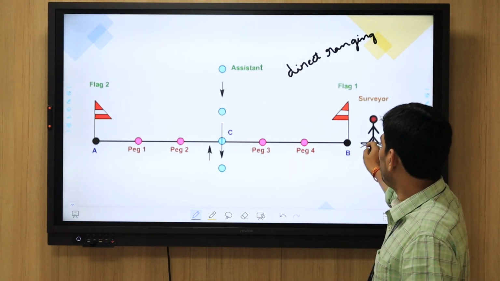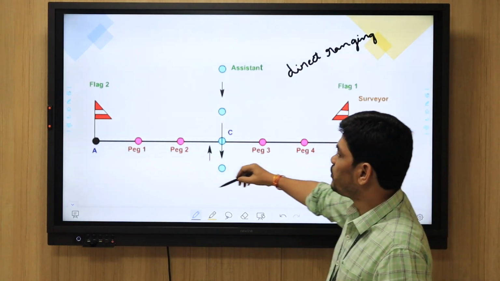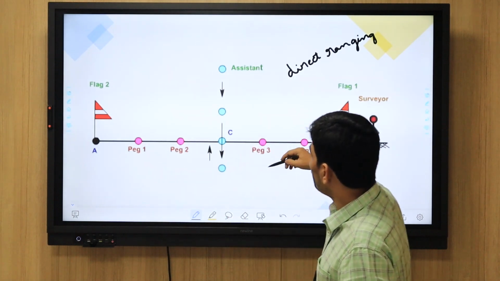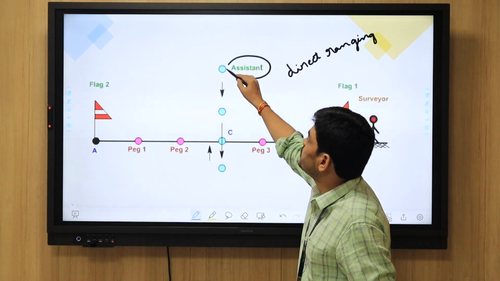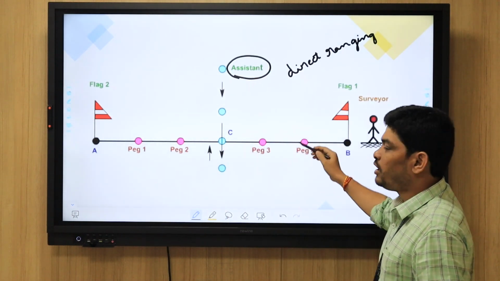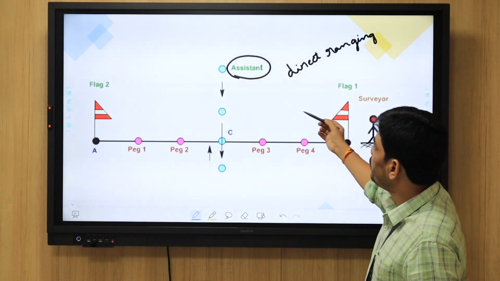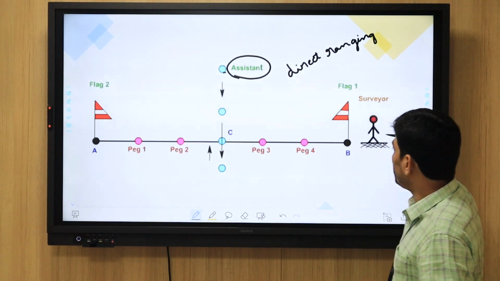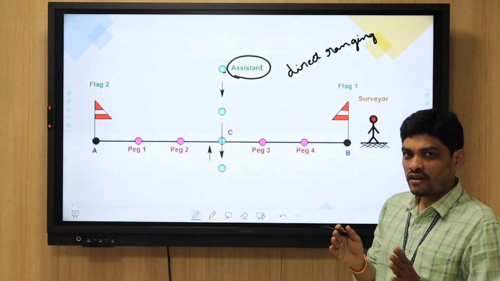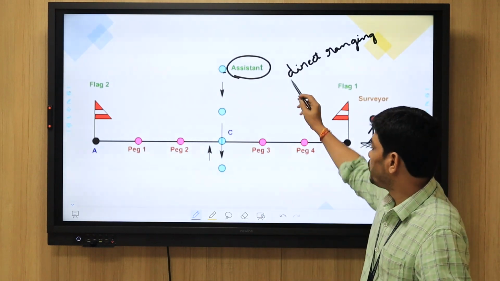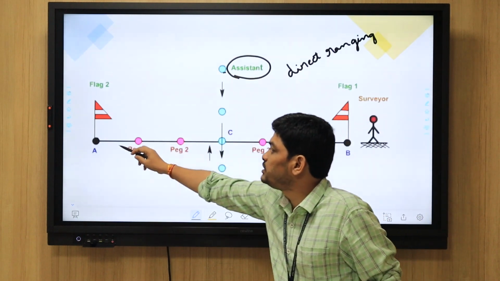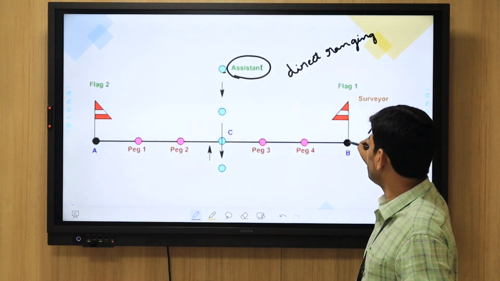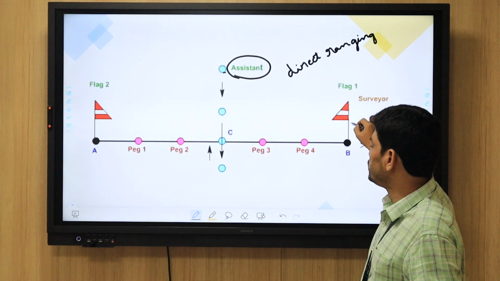Here the surveyor will be there. Here only the ranging rod they will keep with one more person, the assistant. Assistant means the helper of the surveyor. He will hold the ranging rod here, and from here he will see whether this surveyor's ranging rod and this ranging rod are in a straight line or not with respect to this flag posted ranging rod.